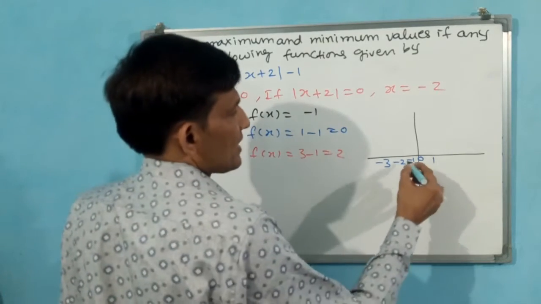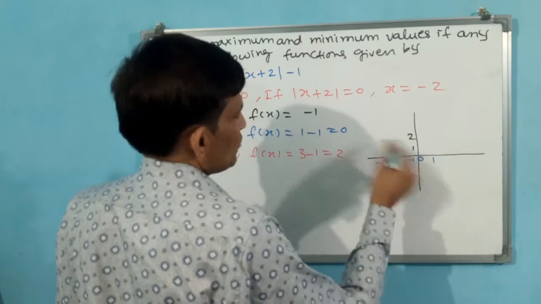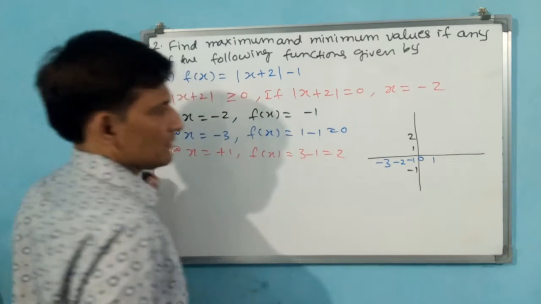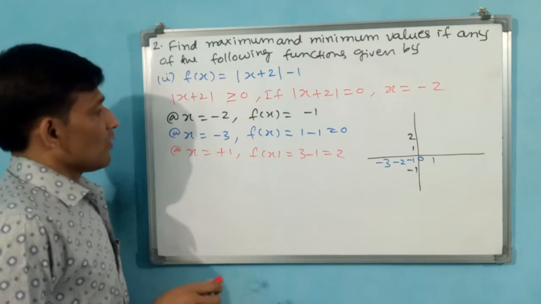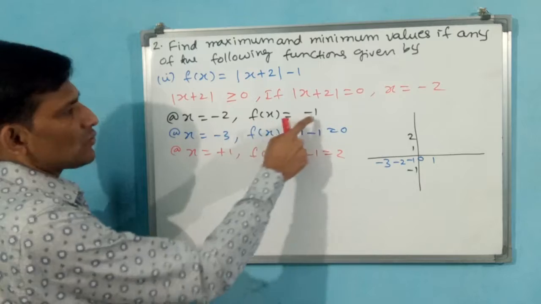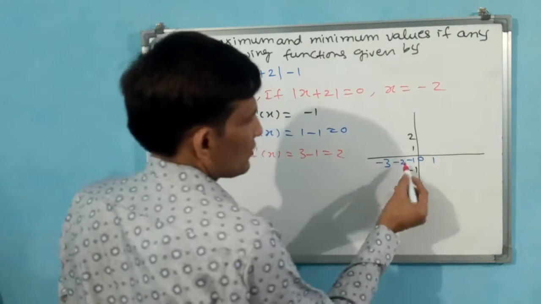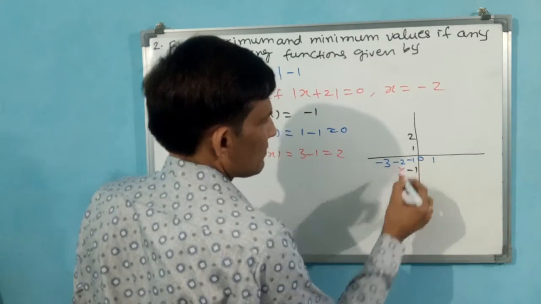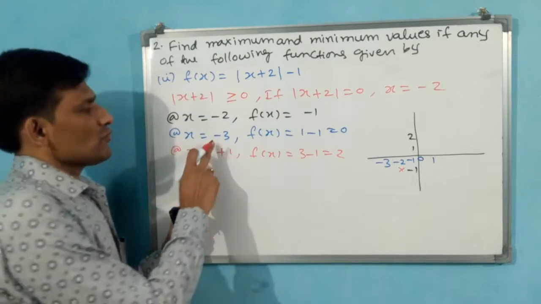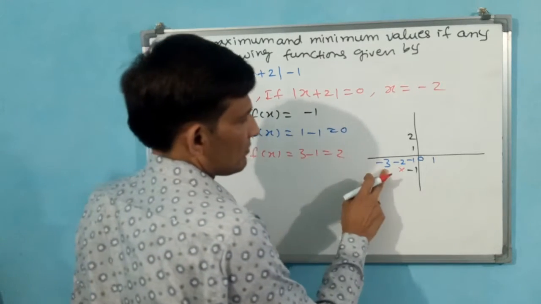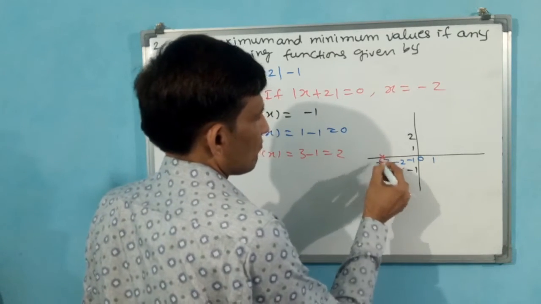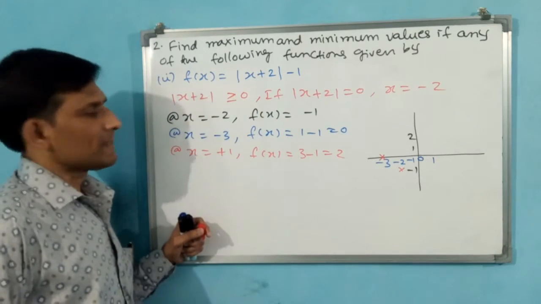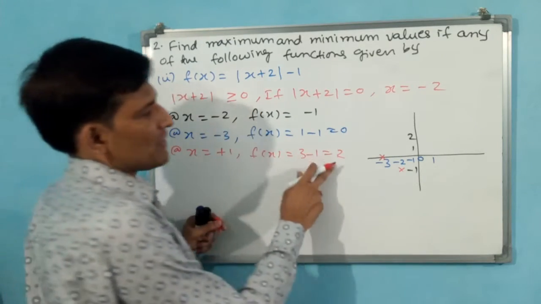That means here up to 2, 1 and 2, 0 will be there, and here minus 1 only. Now come back again. At x is equal to minus 2, the value was minus 1. At x is equal to minus 3, 0. At x is equal to plus 1, 2.